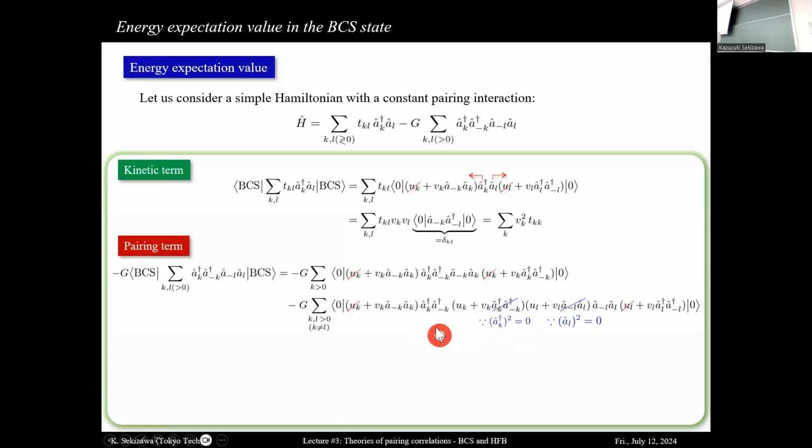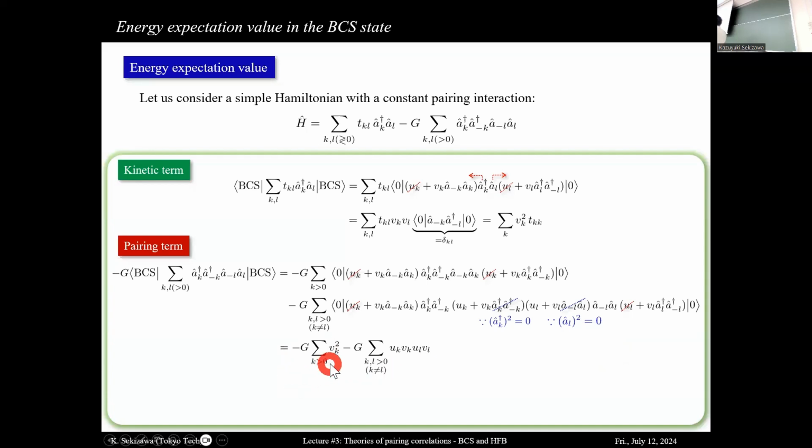You can find a dagger with the same indexes, and because of the fermionic character, the anti-commutation relations, those terms vanish. Then you can rearrange the remaining terms carefully, and you just get this equation.